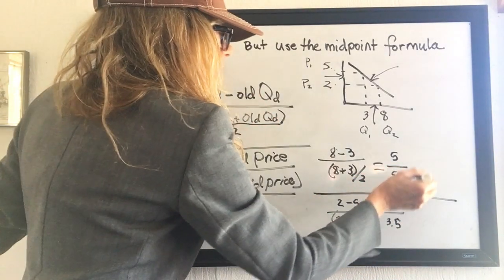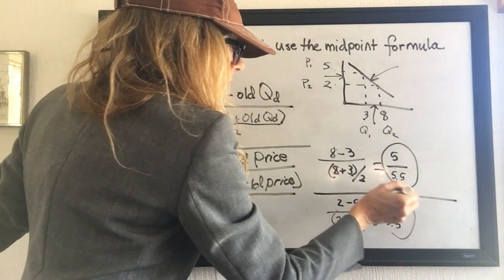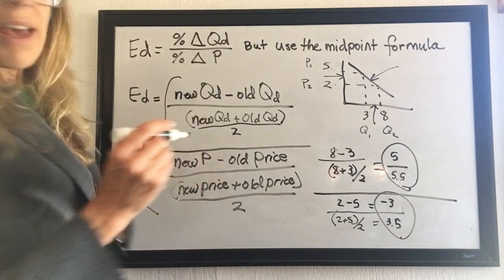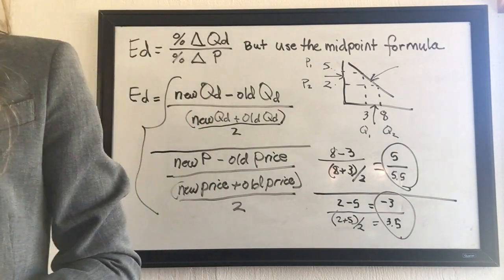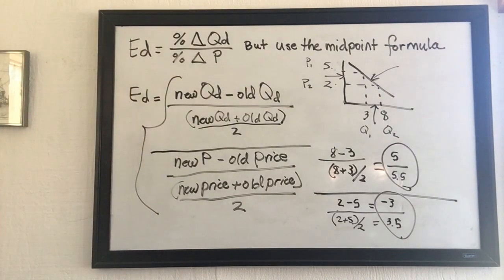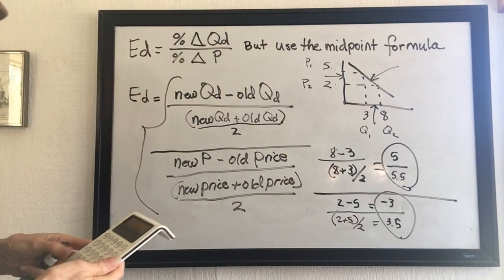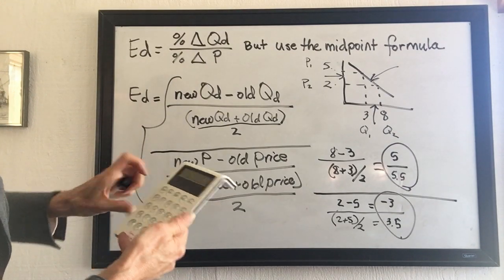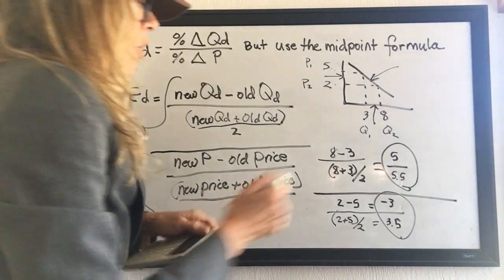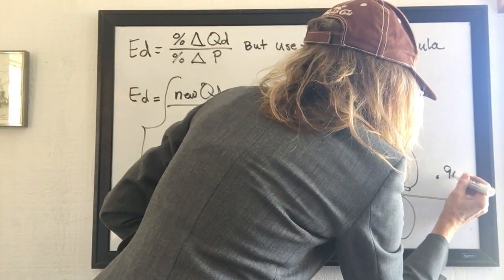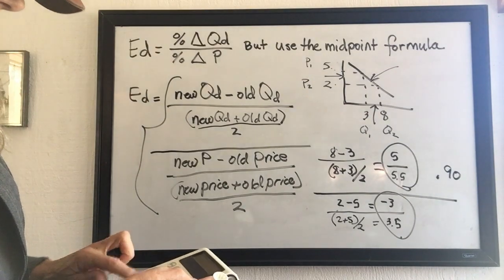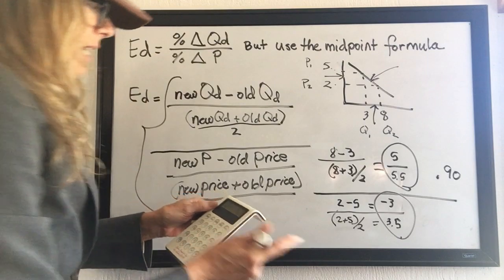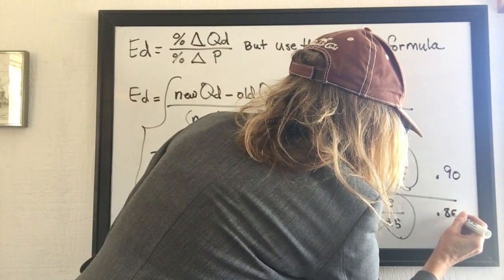Okay, so now you have your numerator and your denominator, and when we plug that into a handy dandy calculator, 5 divided by 5.5 equals 0.90. And we have 3 divided by 3.5 equals 0.85.